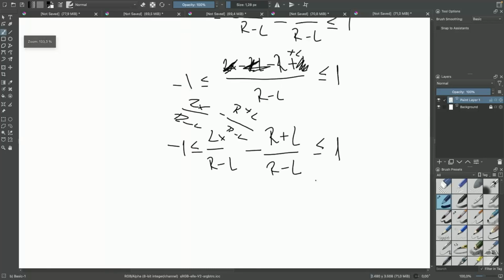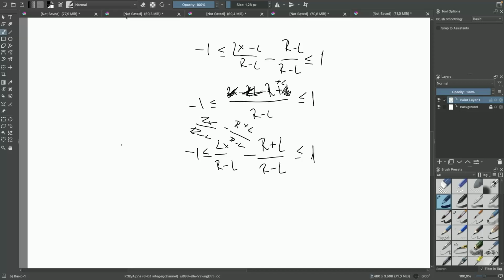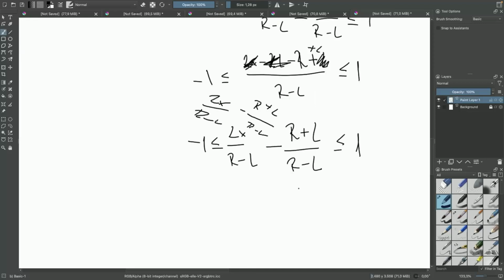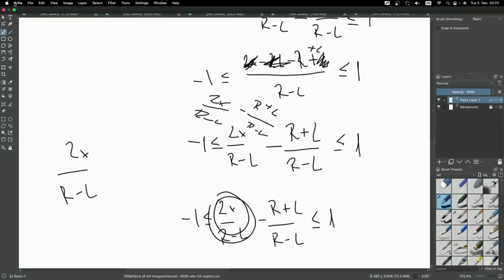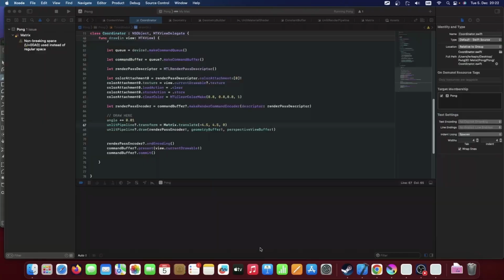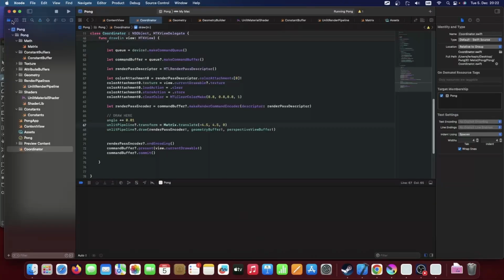Okay, it's correct. So I'm just going to rewrite this because it's super ugly, but basically we solved it, right? We have -1, then we have 2x minus, and you can already see this whole term is already familiar, right? 2x minus L is already familiar, because I already mentioned it before when I was doing this drawing, and this part is already solved.